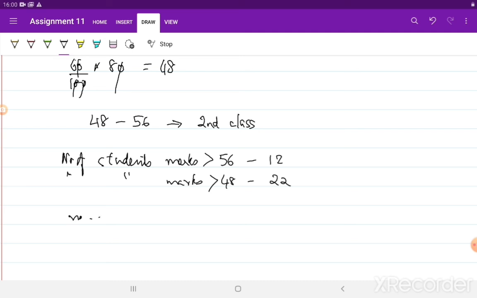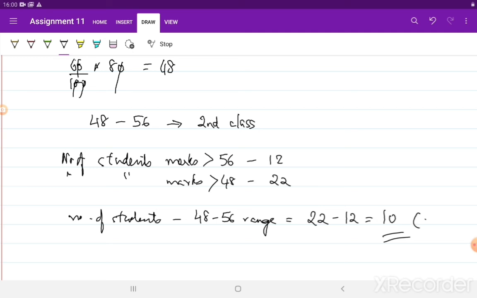So the number of students with marks in the 48 to 56 range is 22 minus 12, which is 10, because we know that 22 students got more than 48, so they have got either first class or second class. So from this 22, if you reduce those who have got first class, you will get the number of students who have got second class, which is 10.